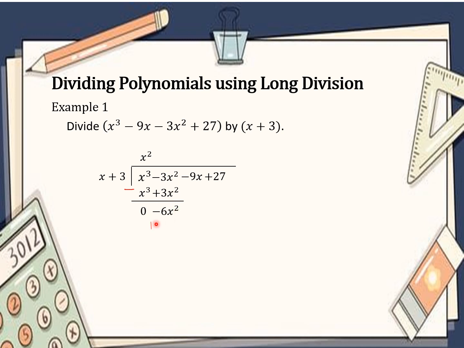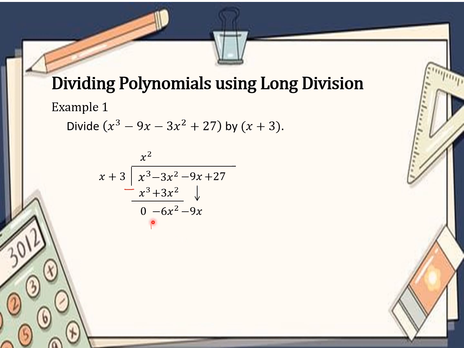That's why we obtain negative 6x squared, because you subtract 3x squared from negative 3x squared. This becomes negative because you change subtraction to addition. Next, bring down the next term, which is negative 9x.